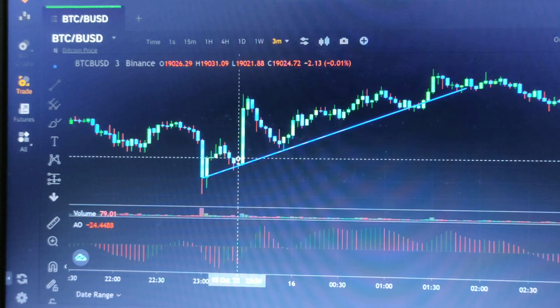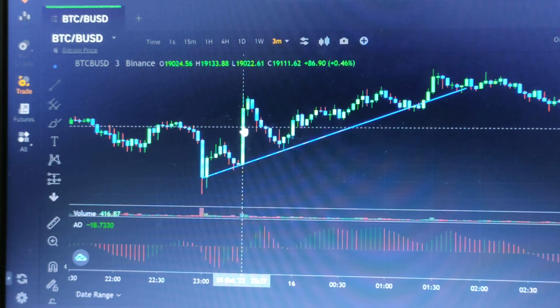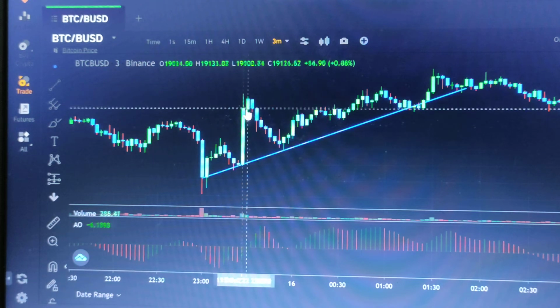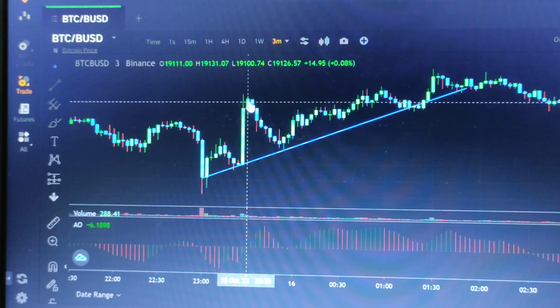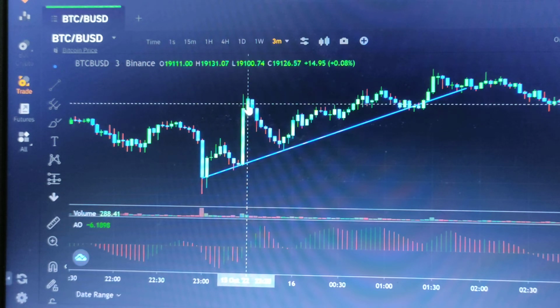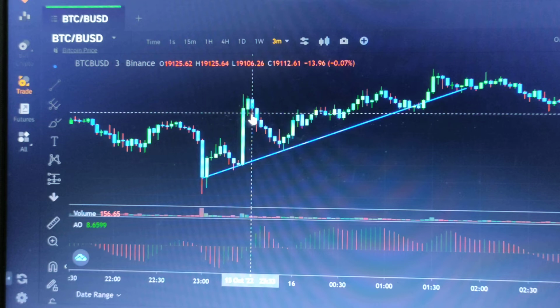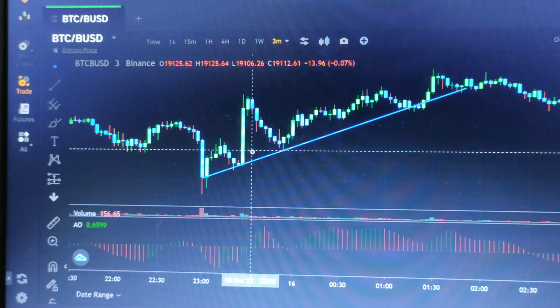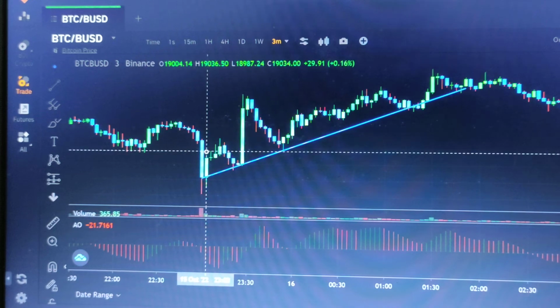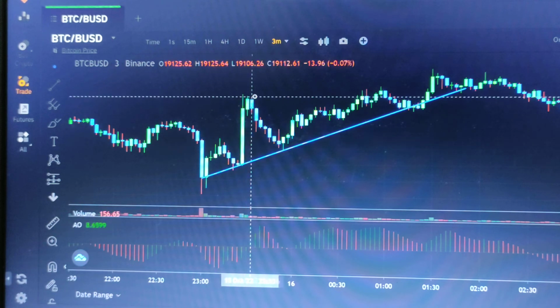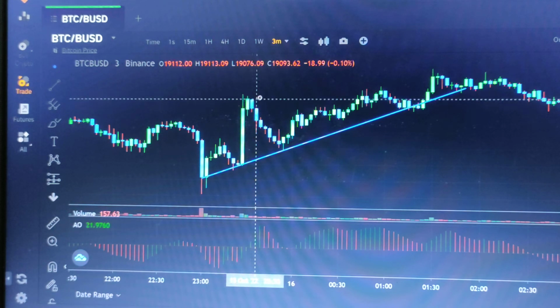The buyers pulled so much, the demand is so much, and again here the buyers pulled it, and then the buyers are exhausted, and then the sellers started to pull the price down. One thing you should keep in mind, I will show you a tactic: whenever you see this long candlestick, there is a definite reversal.